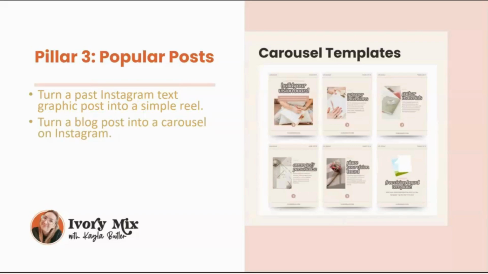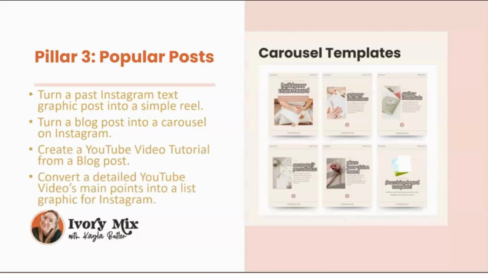Or like this example I'm showing you, turning a blog post into a carousel for Instagram. So that's taking the bullet points or the key messages out of a previous blog post that maybe got a lot of comments, or maybe it's getting a lot of clicks on Pinterest, and you repurpose that idea onto something like an Instagram carousel. And you take what's been working on one platform and you transform it into something that could work to reach your goals on a new platform.